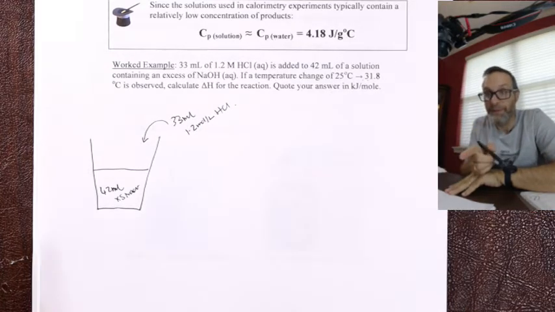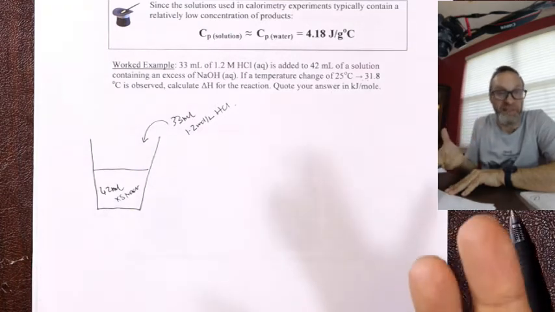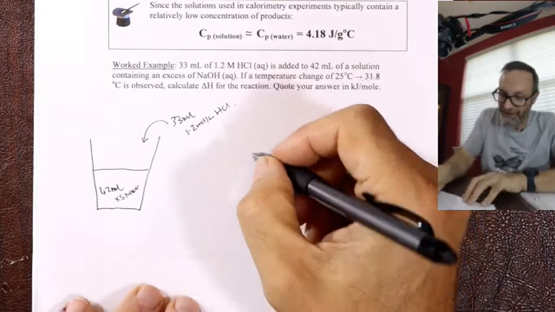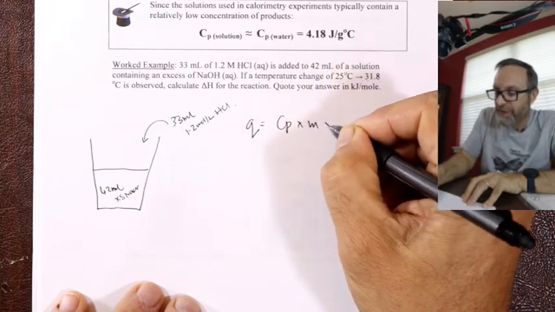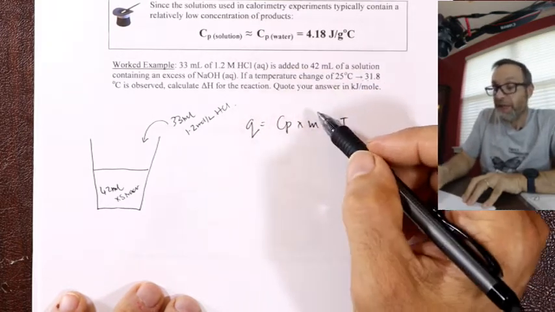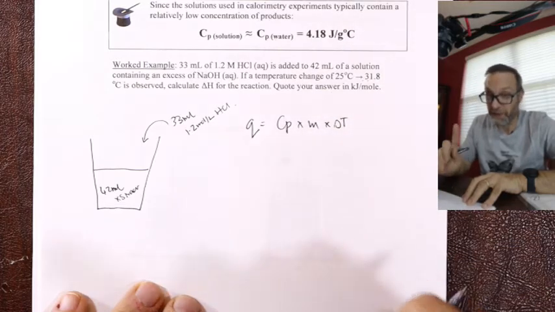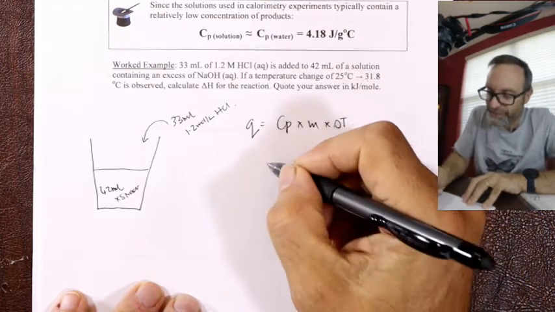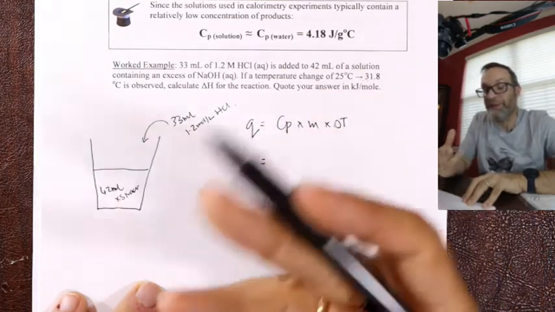Now, same as before, but now it's a solution, not a brick of iron. So, usual thing, Q equals Cp times M times delta T. We'll get Q and then just change the sign and it will be delta H. All right, so Q. Cp, well, it didn't say it, but it's definitely implied.